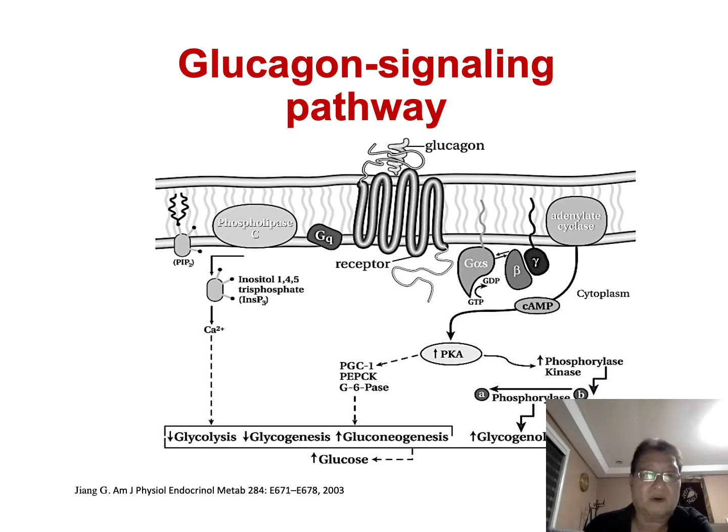Now, we all know, as diabetologists, and are very familiar with insulin receptors that are present on the cell surface of insulin-dependent target tissues and their signaling pathway. The insulin receptor is a heterodimer, as you know. It has four subunits, two alpha and two beta subunits. The receptor is a tyrosine kinase receptor that autophosphorylates when activated by insulin.